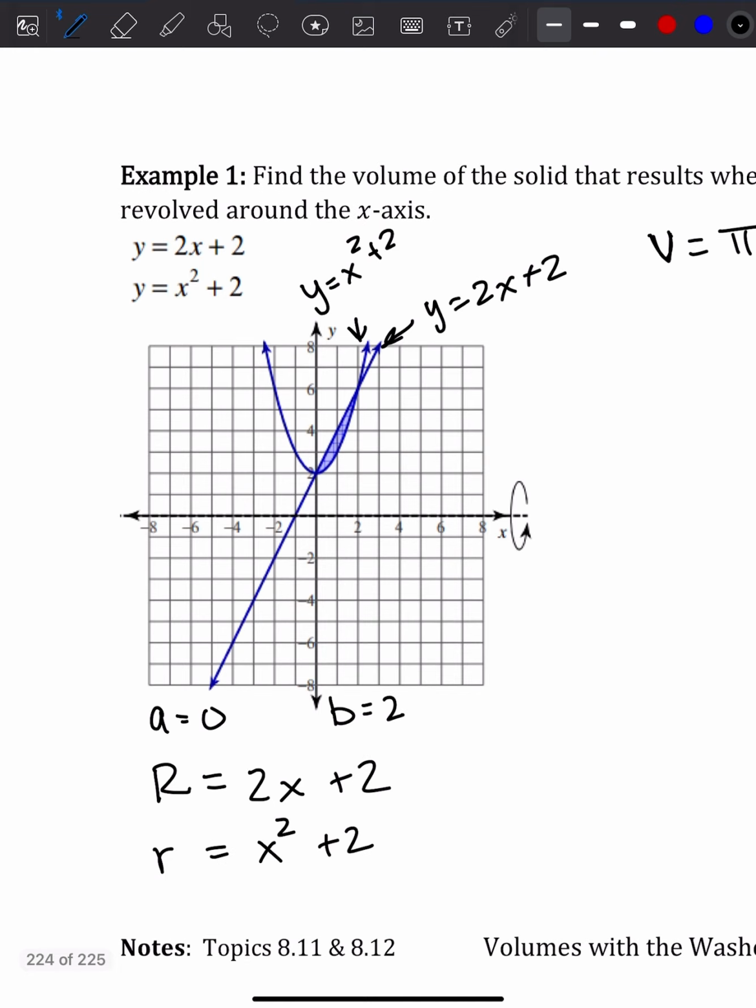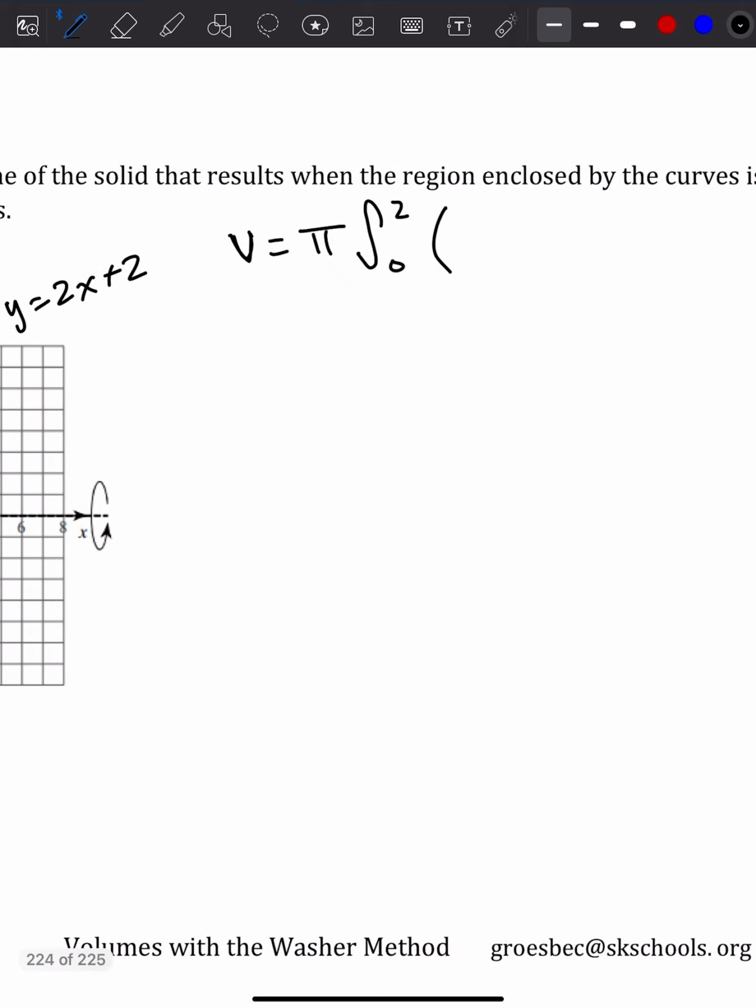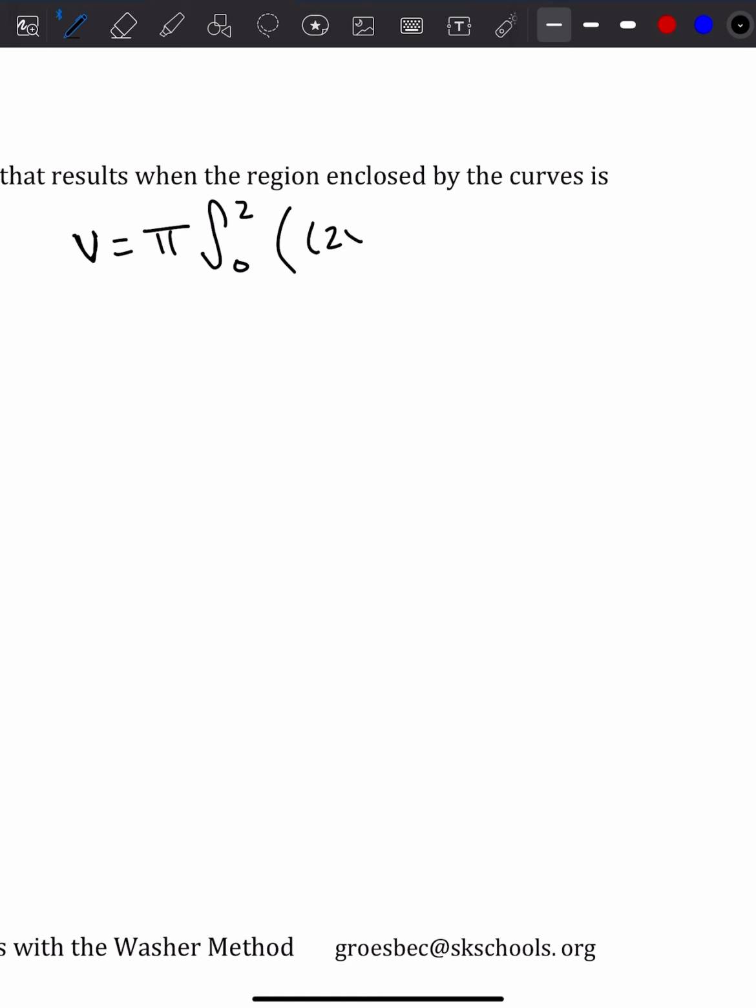So we're going to have two sets of parentheses. We need 2x plus 2 and then big R squared minus little r squared, which was x squared plus 2, dx. So we have to remember which one's which, because I have subtraction here, so it matters the order that we do stuff in. And we also need to remember the squareds.